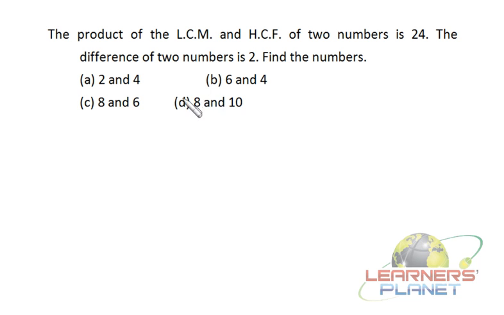Now if the difference between the numbers is 2, that means one is x and the other is x plus 2, and this product is 24, that is HCF into LCM is 24. Okay, now let's see which of the options have a difference of 2 and a product of 24. We are getting that only in this case, so no paperwork is required, you can do the problem easily. Okay, friends.